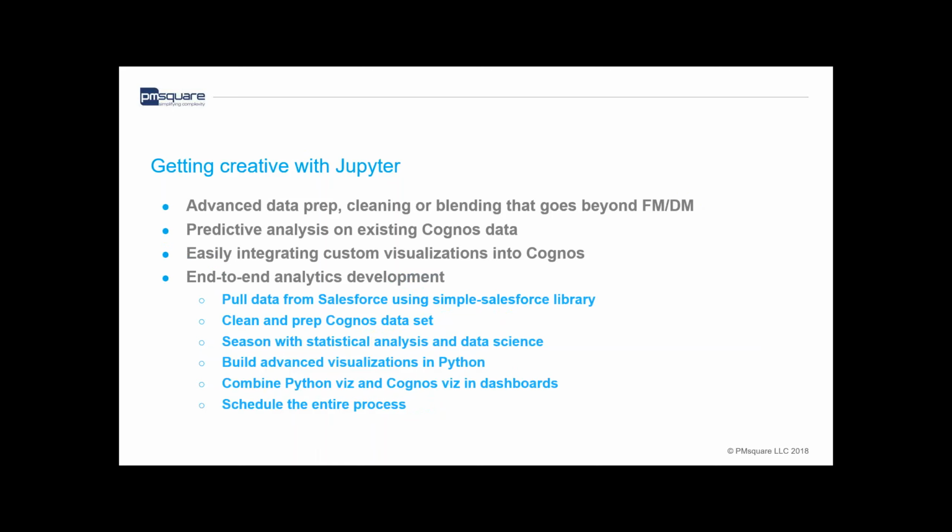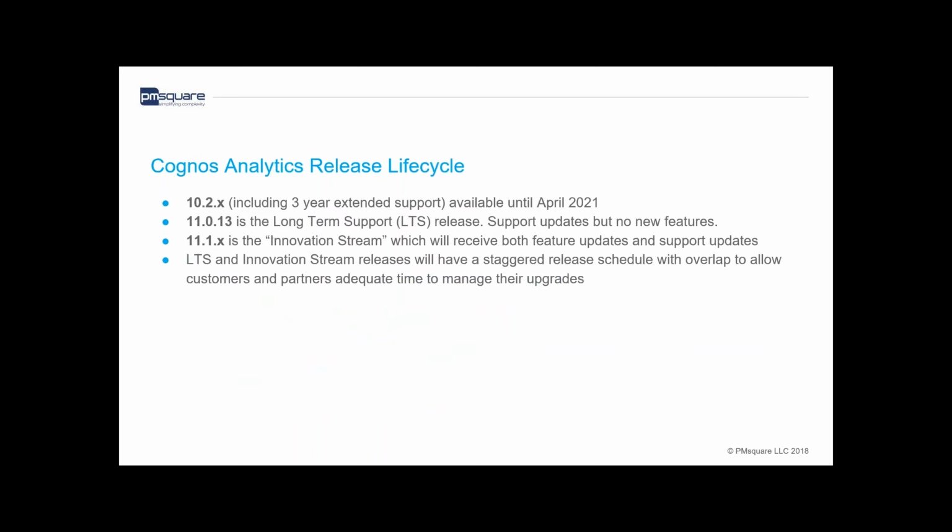So once you've got that done, it's running on a schedule. You don't have to worry about it anymore going forward. So that is really, I think, again, beyond simple data science, the power of what you can do in Jupyter Notebooks in Cognos.